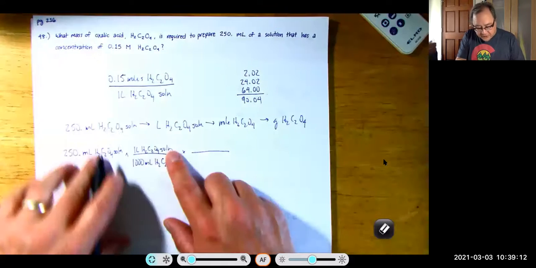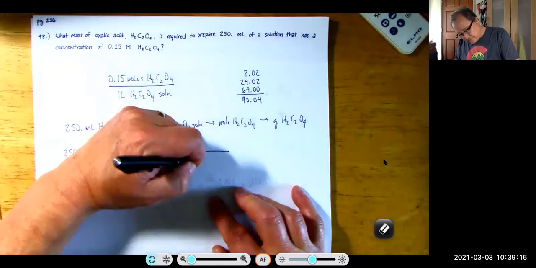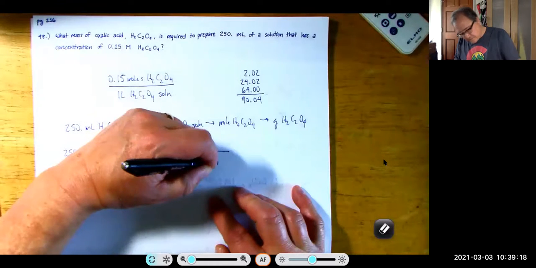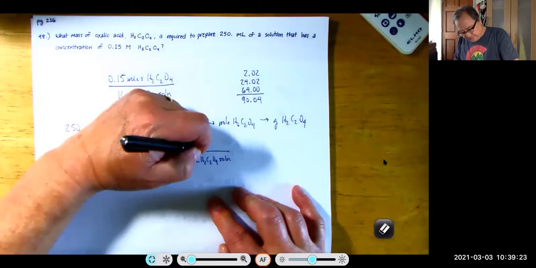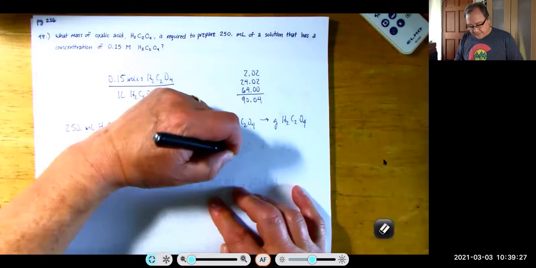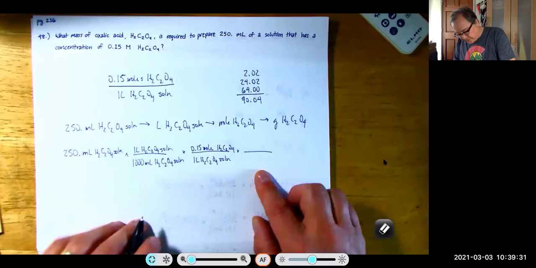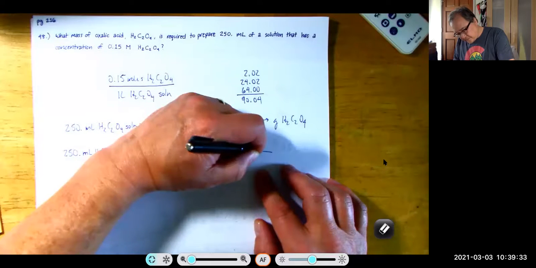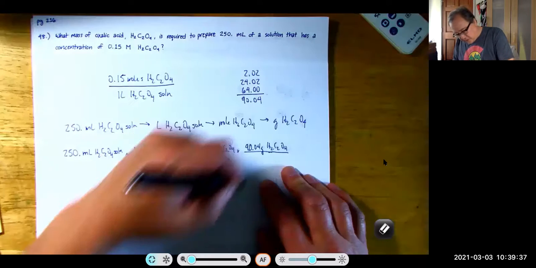I'm going to make sure the liter goes on the bottom to cancel that. And the 0.15 goes on top. Then I'm going to multiply by 90.04 grams on top and 1 mole on the bottom.